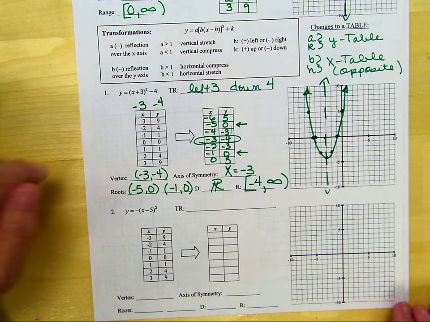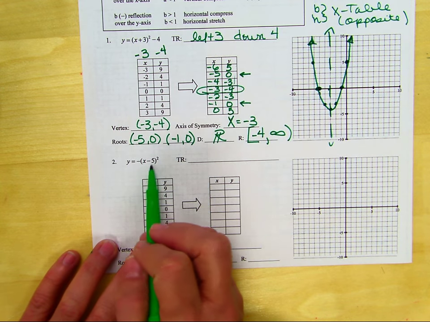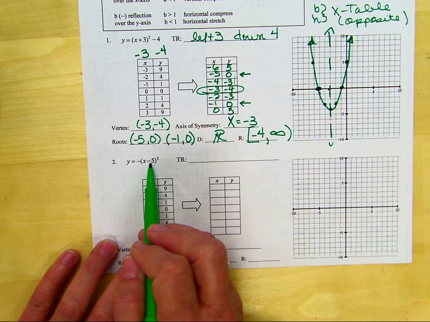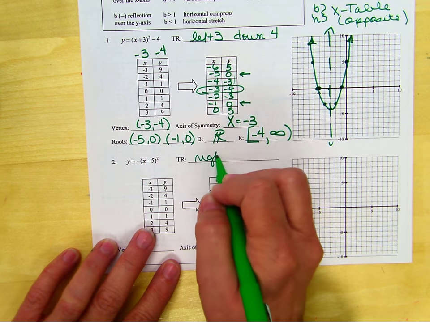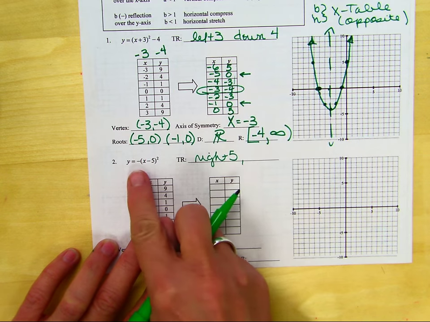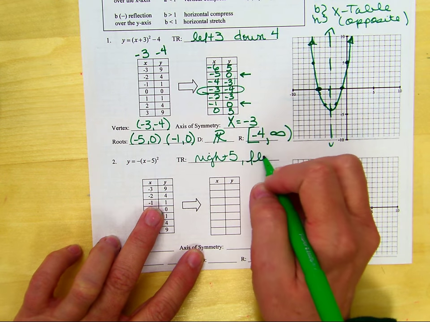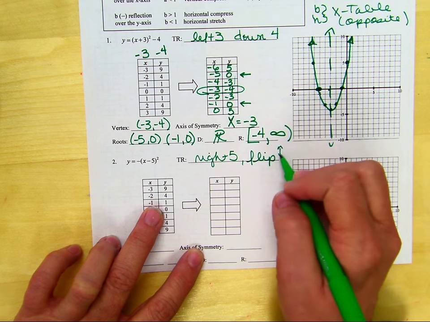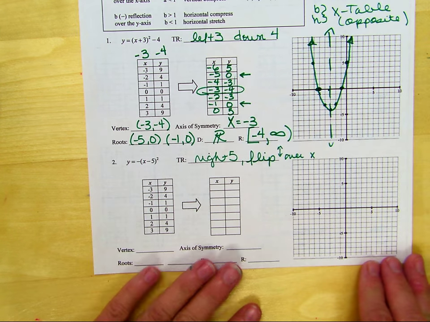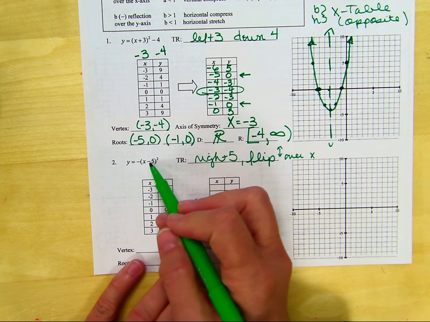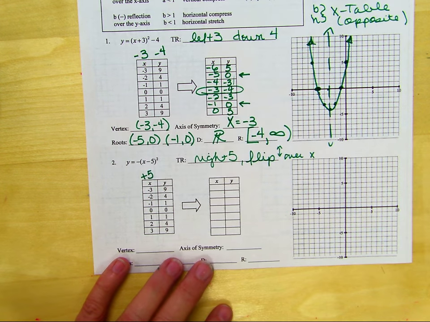All right, let's look at number 2. Again, inside does the opposite direction than I think, so this will be going right 5. This negative is outside, so when it flips or reflects, it's going to flip it going up and down, which will be over the x. Inside affects the x table by doing the opposite. So I'm going to add 5.